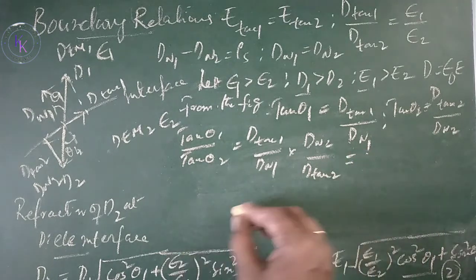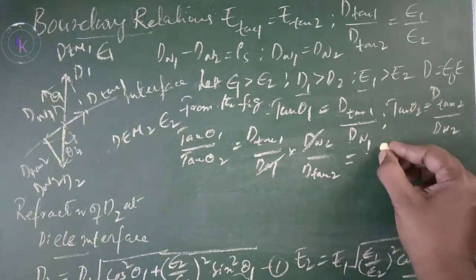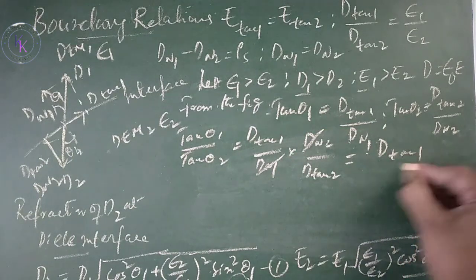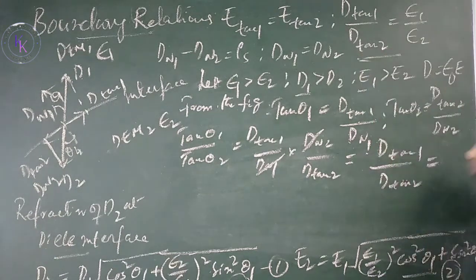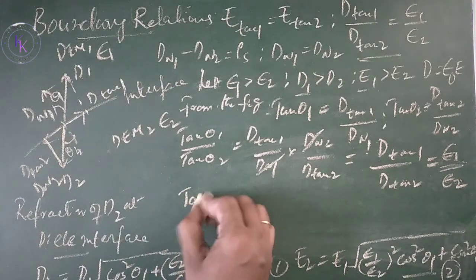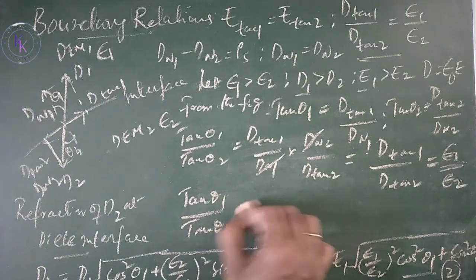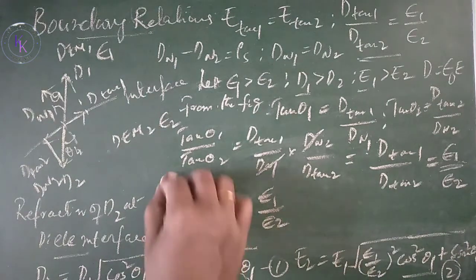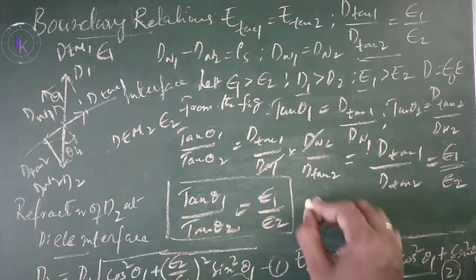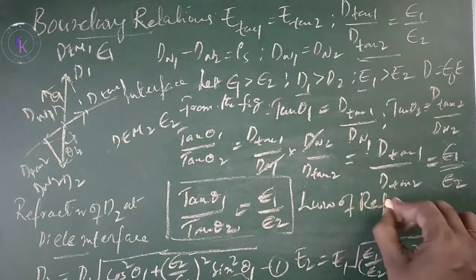Now we know the condition: D n1 equals D n2, so they get cancelled. Then D tan 1 divided by D tan 2 is, from the conditions, epsilon 1 by epsilon 2. Now we can write tan theta 1 divided by tan theta 2 equals epsilon 1 divided by epsilon 2, and this is known as the law of refraction.